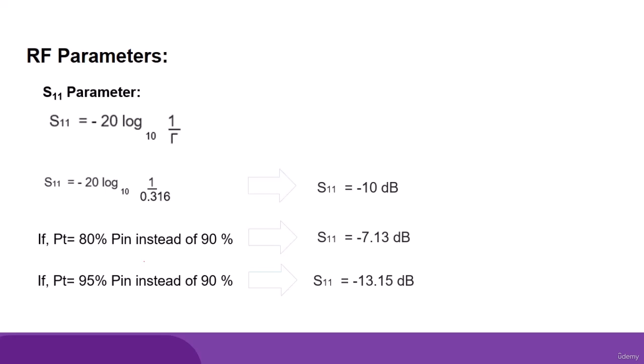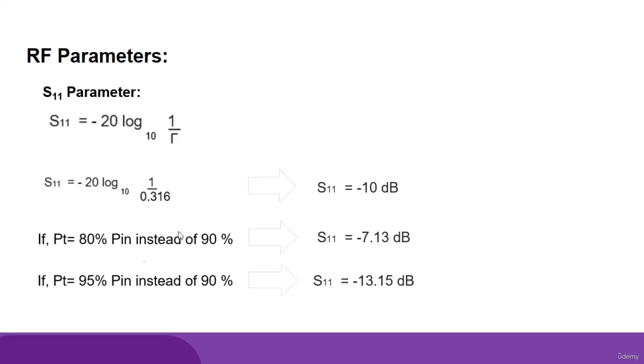This suggests that as we move towards minus 11 dB, minus 12 dB, minus 13 dB, minus 15 dB, minus 20 dB, and so on, the efficiency and radiation of our antenna improve.